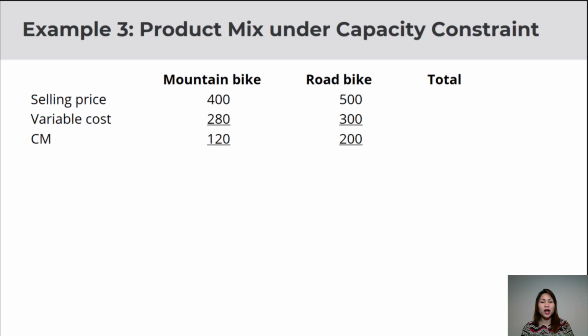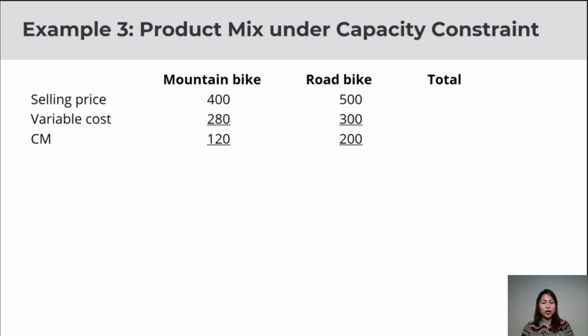For road bike, $500 selling price per unit minus variable cost per unit $300. Contribution margin is then $200 per unit. If you look at the contribution margin per unit, by selling one unit of mountain bike you will get $120, and from road bike you will get $200 per unit.